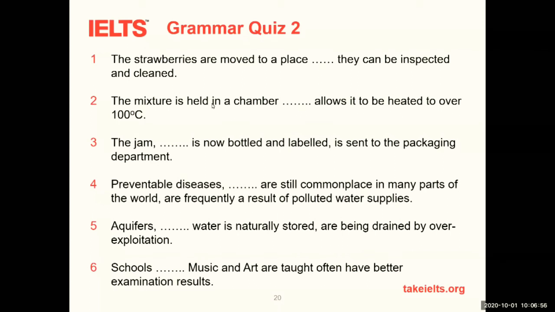Okay, number 2, 80% of you chose which, which is the correct answer. Number 3, 89% of you got it correct with which, well done. Number 4, yes, well done. 86% of you got it right with which. Number 5, good, 85% correct with where. And the last one, 87% were correct with where.